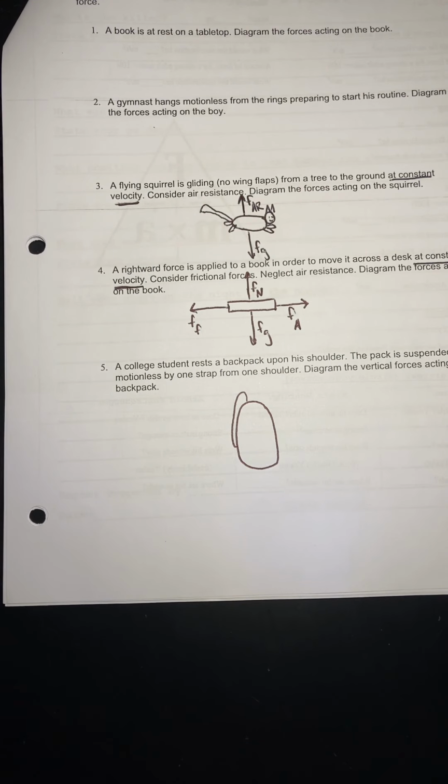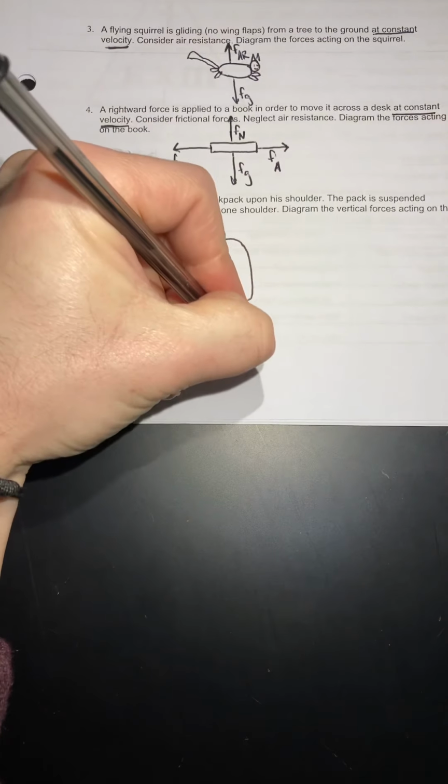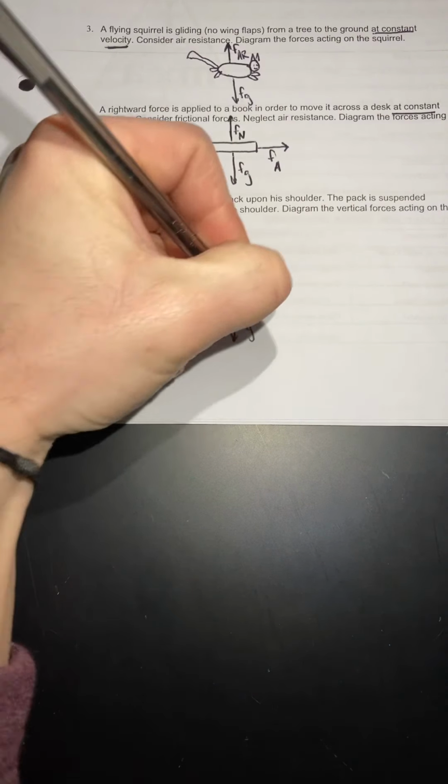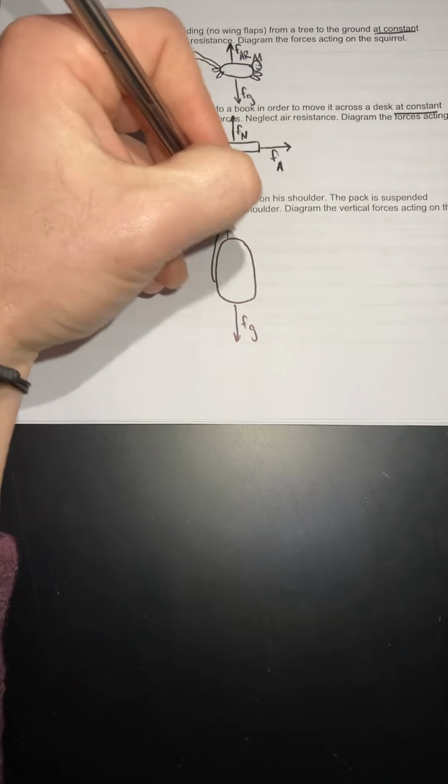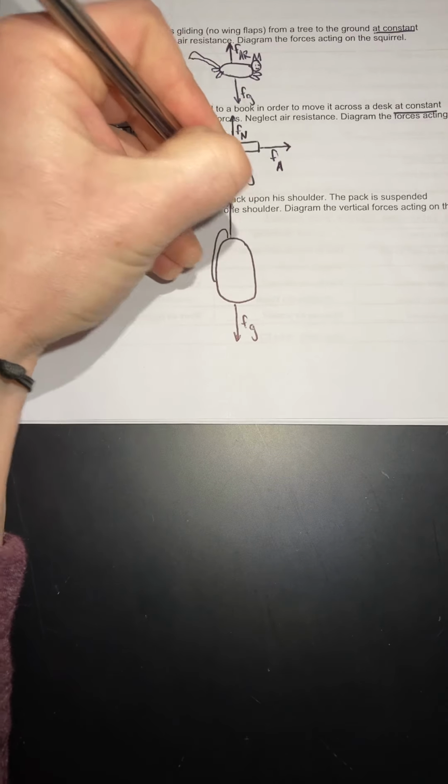Now, what are the forces that are acting on it? One force is gravity. Is there friction? You said friction or tension? Yeah, there's going to be tension on the one shoulder, and that's going to be the only other force.